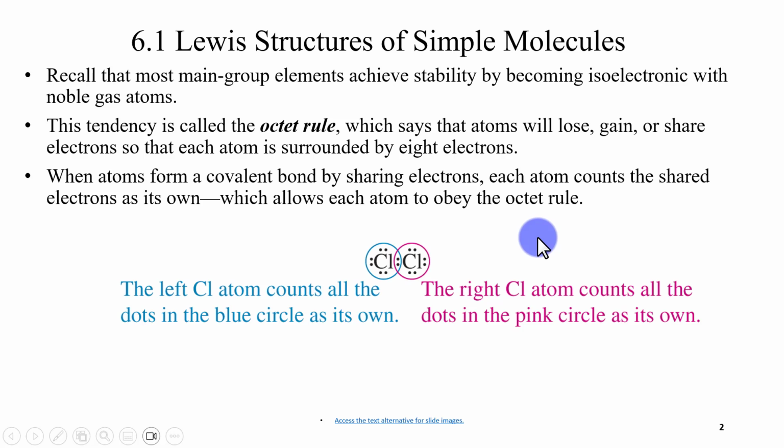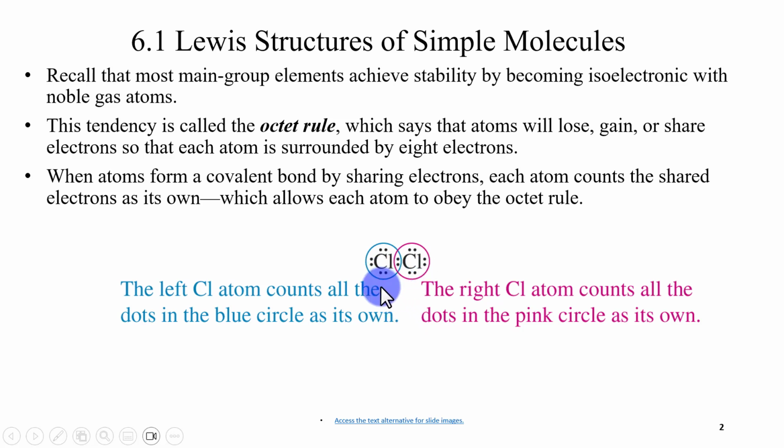So hydrogen is an exception. We will talk about other exceptions to the octet rule when we get there, but for right now, we'll focus on the octet rule. Here's a simple example of the chlorine molecule, Cl2.